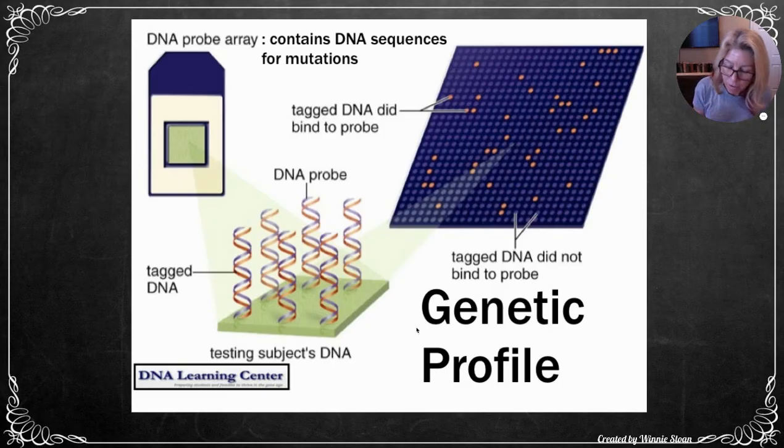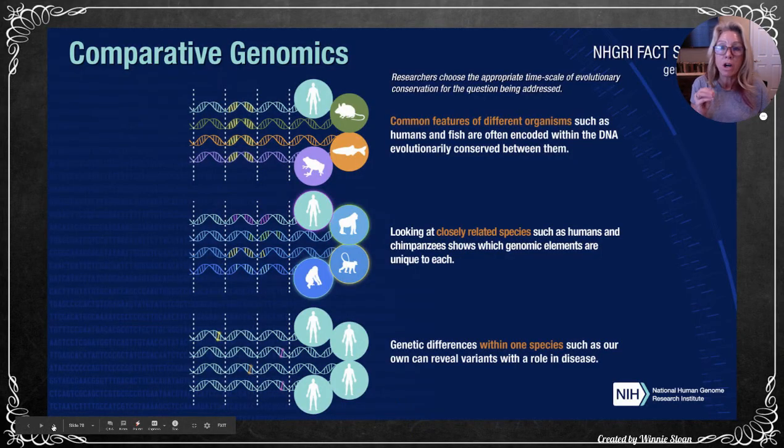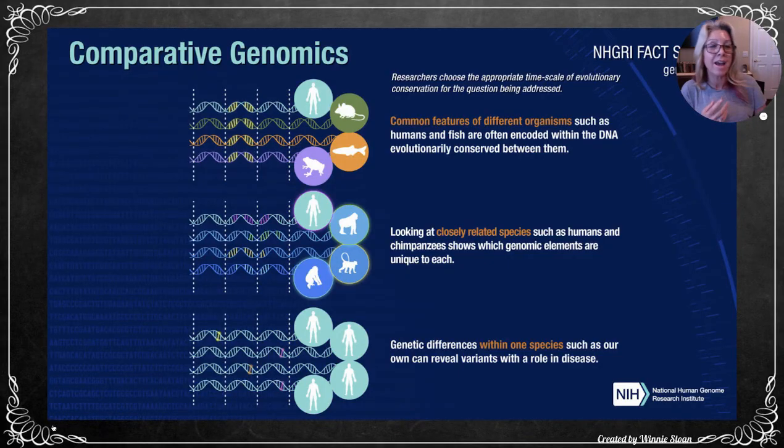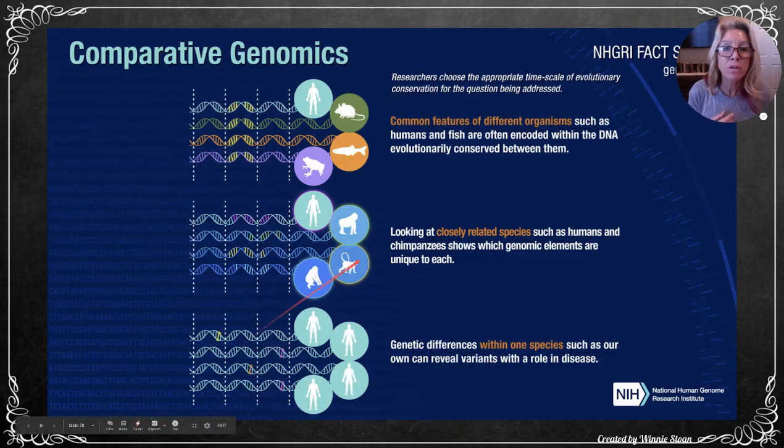A genetic profile can indicate genetic illnesses and what drug therapy might work best on you. And when you look at comparative genomics, comparing you and I and different groups of people, you can look at common features of different organisms, such as humans and fish, which are often encoded with DNA evolutionarily conserved between them.